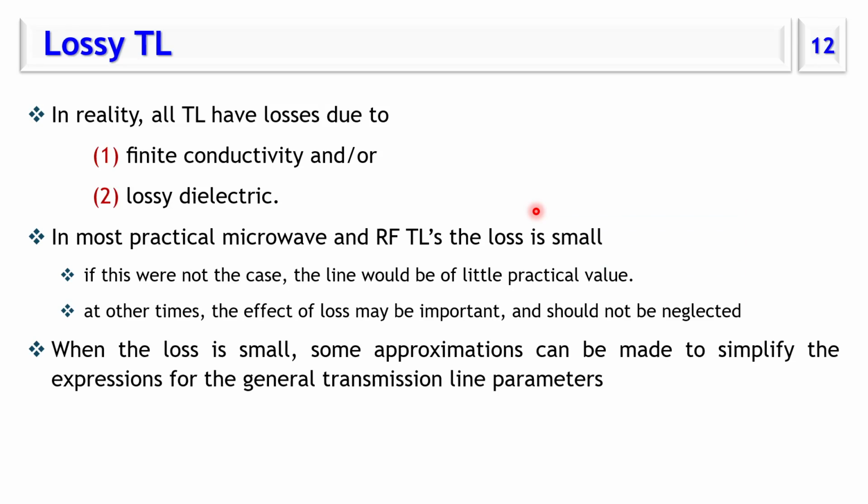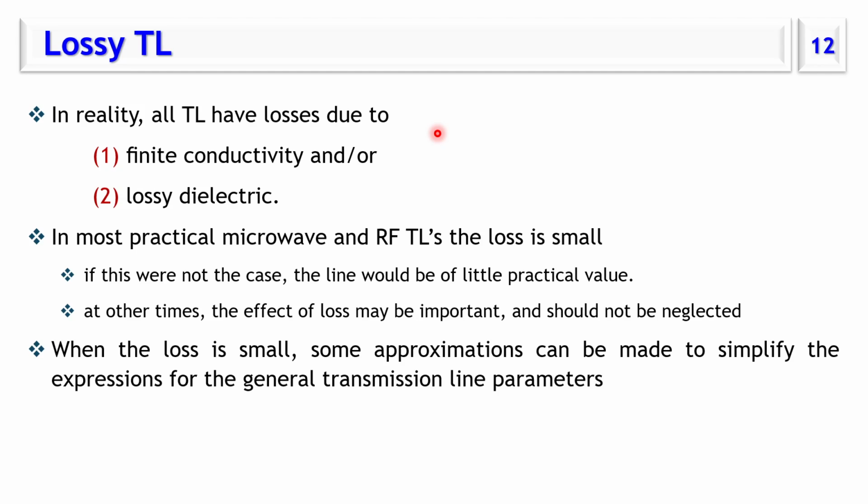Now we're going to move to another topic about real transmission line circuits, which is the lossy transmission line. In reality, all transmission lines have losses. The sources of losses are two.